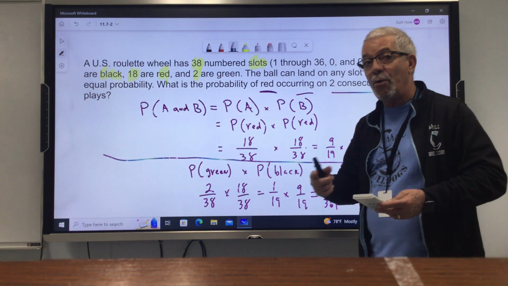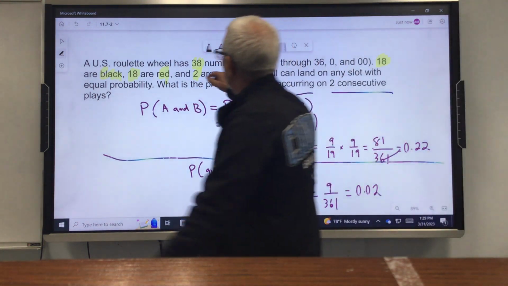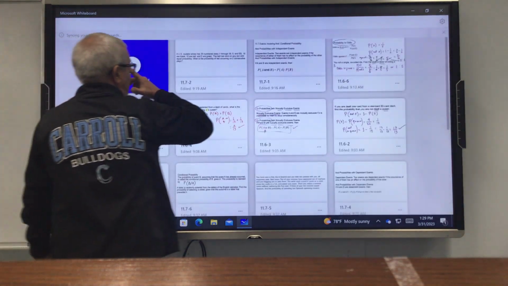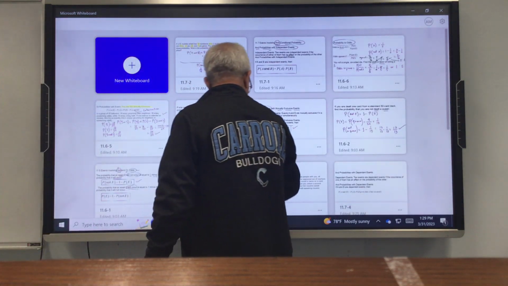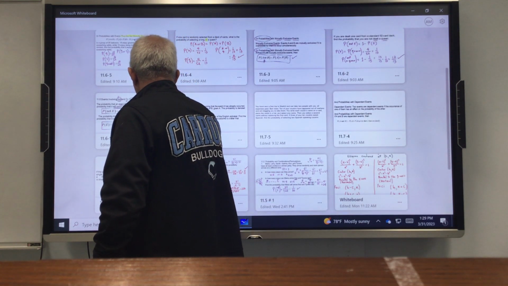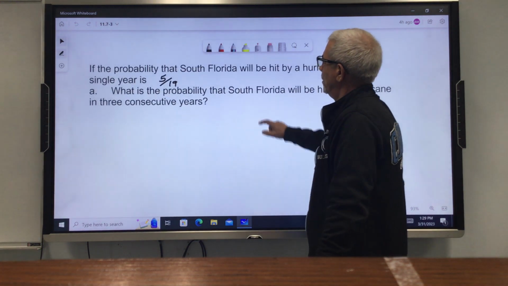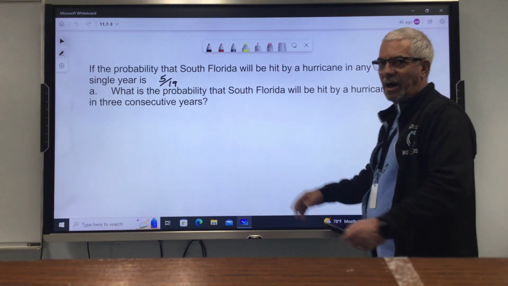Let's see now the formula when they are dependent events. That's another part of this lesson. Let me see one more example about independent events.